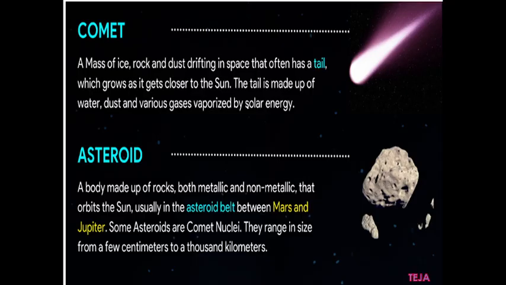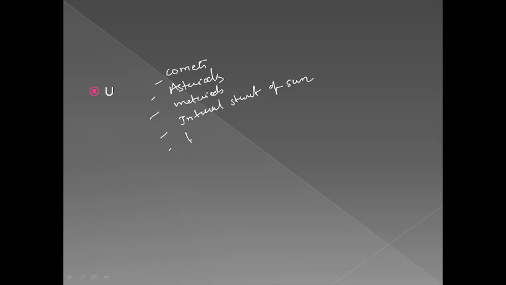Today in this class I am going to discuss the topic of comets, asteroids and meteoroids. Next, the internal structure of the sun, and the various missions that were launched by ISRO and also NASA to these planets.